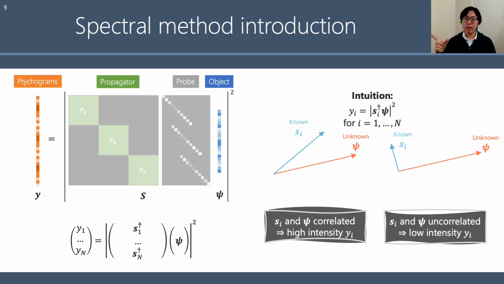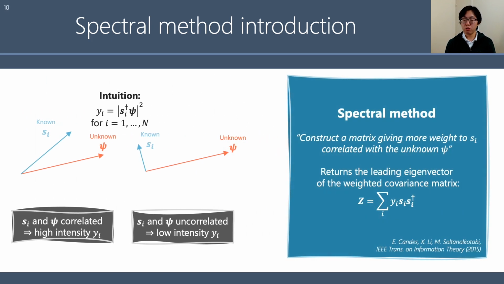When s_i and psi are correlated, they point in the same direction and the measured intensity y_i is high. On the other hand, when s_i and psi are uncorrelated, the measured intensity y_i is low. We would thus like to exploit this information with a simple algorithm, and this will correspond to our spectral methods. The idea is that if we have sufficiently many measurements, this heuristic will return an estimate close to psi.